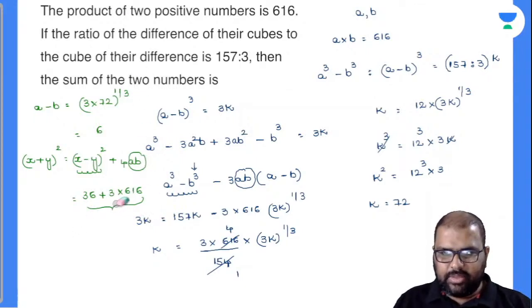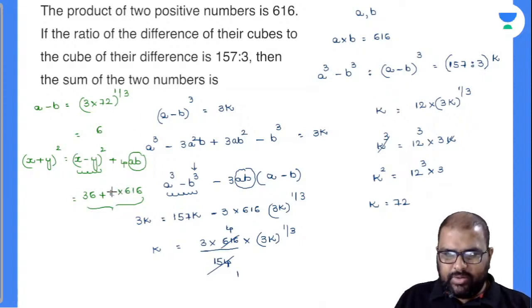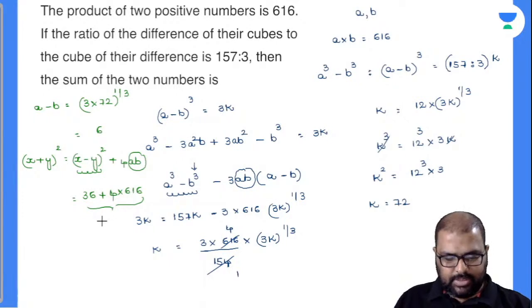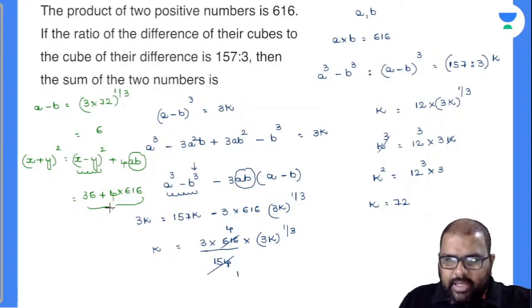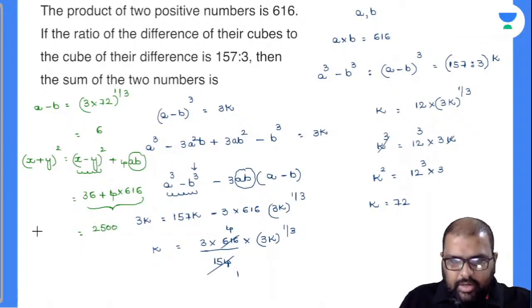First of all, ab value, this is 4. 4 into 616, yes, we are right. 616 into 4 is nothing but 2464 plus 36, 2500. Right? Now observe here, what will be the value there? 36 plus 4 into 616 is nothing but equal to 2500. Now x plus y whole square is nothing but equal to 2500.